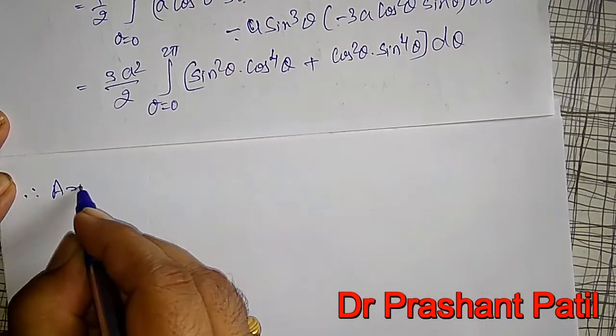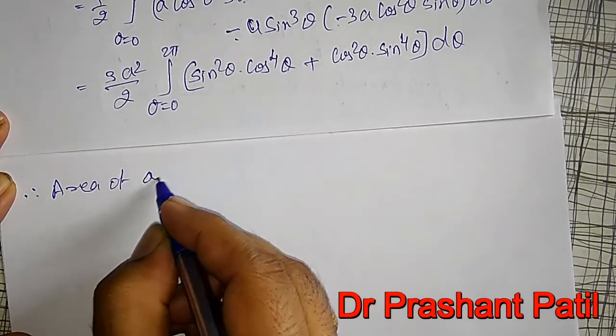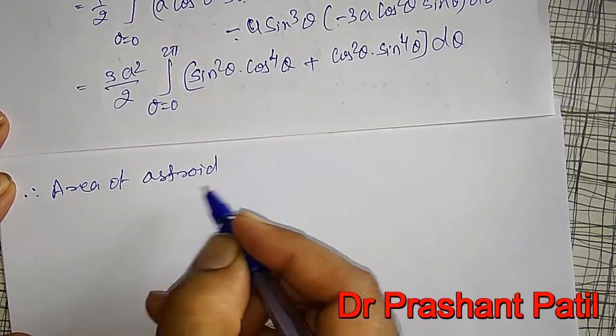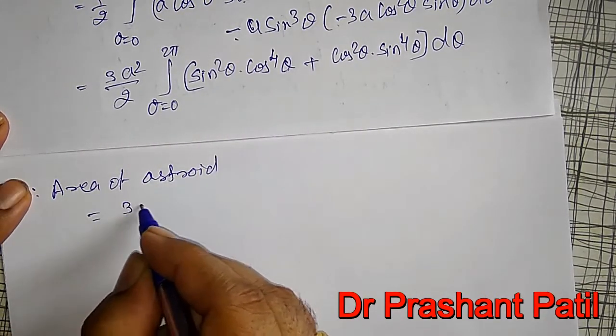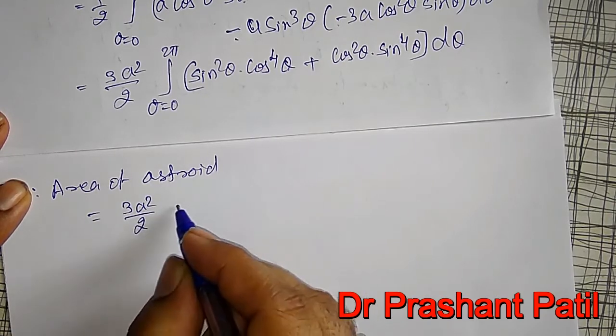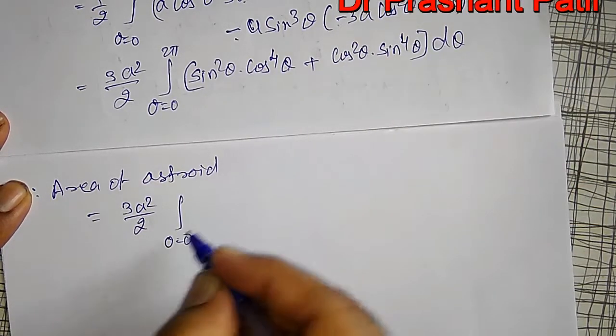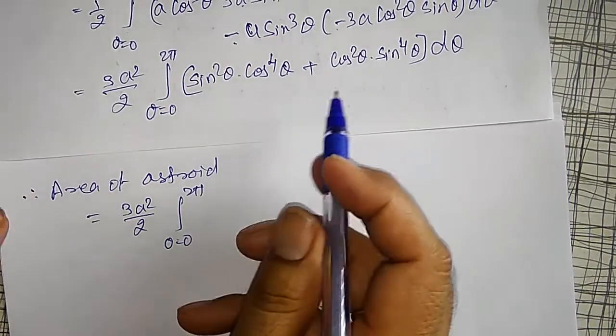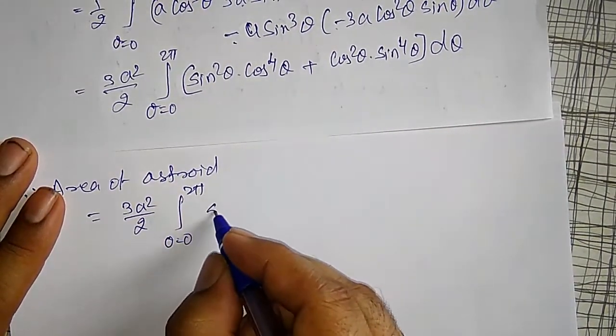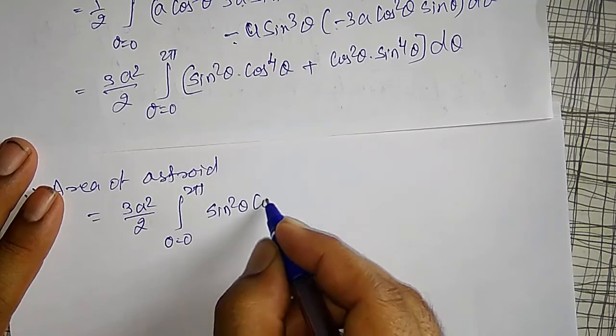Therefore area of asteroid is equal to 3a square divided by 2 integration from theta equal to 0 to 2 pi, and to evaluate this I will take common sin square theta into cos square theta.